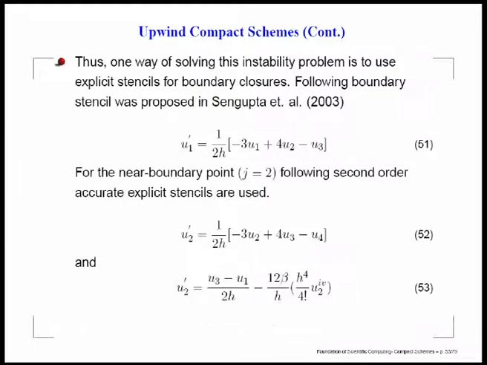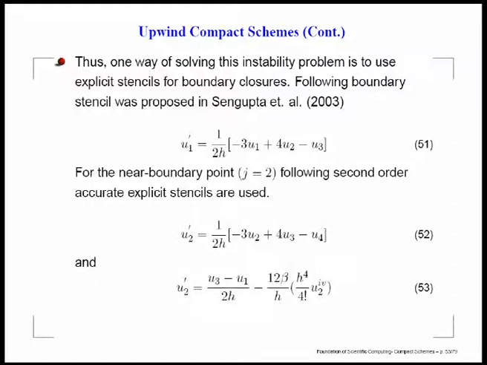So that's where we stepped in and we said, look, this probably can be prevented if for the boundary closure we revert back to explicit schemes. We do not have implicit schemes, because explicit schemes are truly local in nature. If I add something on the j equal to 1 node, it will only affect the j equal to 1 and not the neighbor significantly. And that's what is done here. Equation 51 is basically a representation of a first derivative.